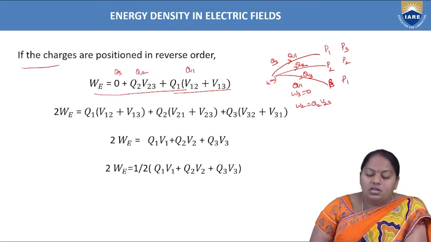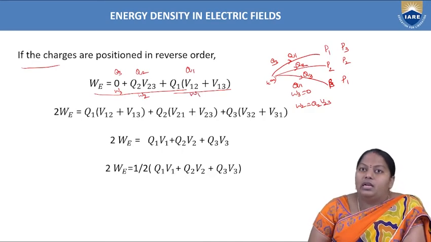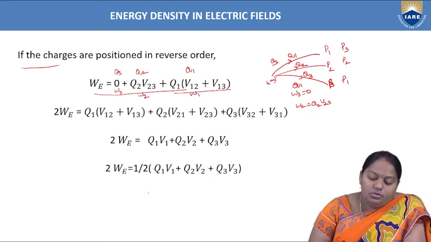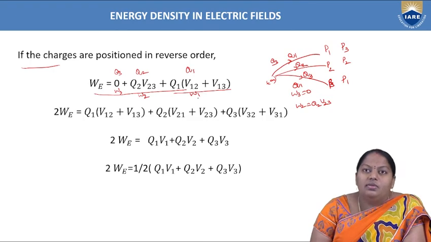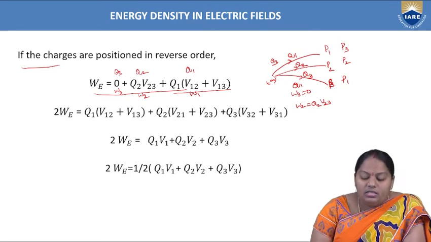Now to assemble three charges in the reverse order, we must consider the work done as W3, this is W2 and this is W1. Hence WE equal to W3 plus W2 plus W1. Then W3 is initially 0, W2 is Q2 into V23, plus W1 is Q1 into V12 plus V13.